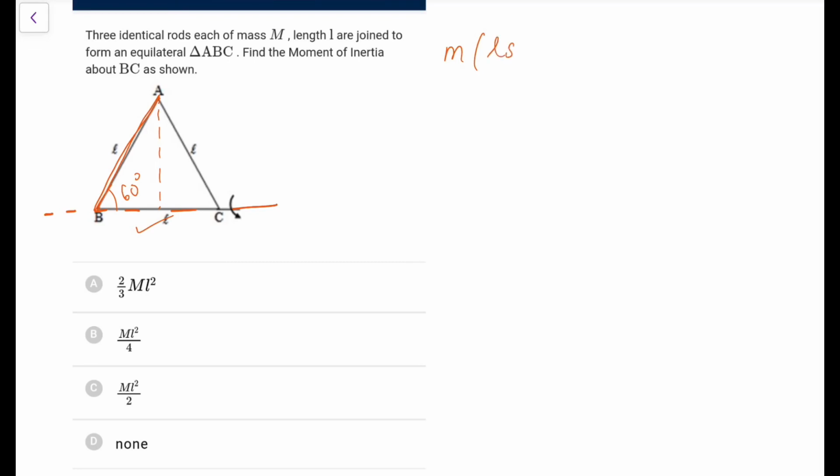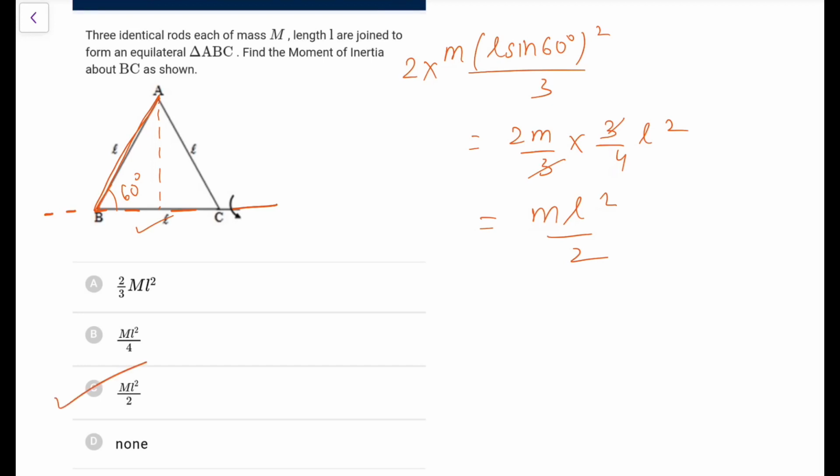So it would be m times L sine 60 whole square by 3, multiplied by 2 for both. So simply I can write 2m by 3 times L sine 60 squared. L sine 60 is root 3 by 2 L, so this becomes 3 by 4 L square. So what I get now is mL square by 2. So go for C. You can derive the result also if you don't remember. That's not an issue. So you can do this.